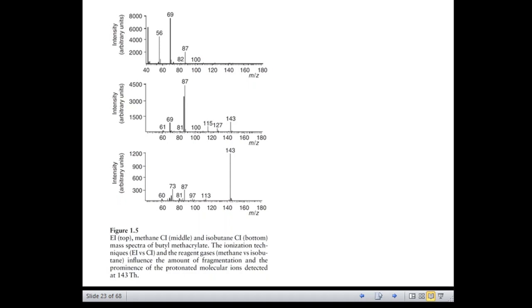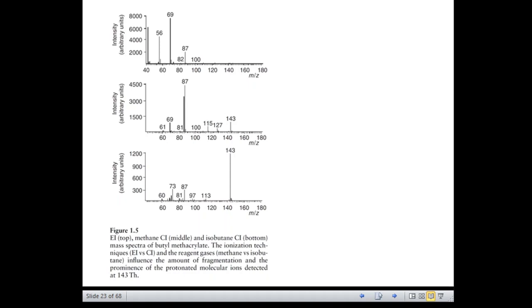So in the middle figure, with methane, the base peak is a fragment ion at m/z 87, and with isobutane as a reagent gas, the base peak is the protonated molecular ion at m/z 143. So they give the protonated molecular ion spectra, but the degree of fragmentation is different.